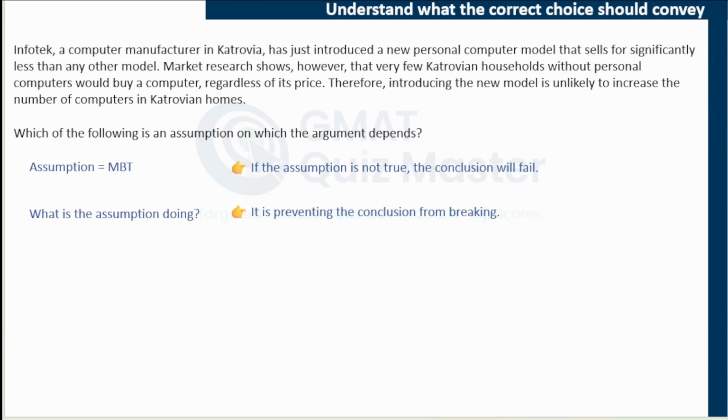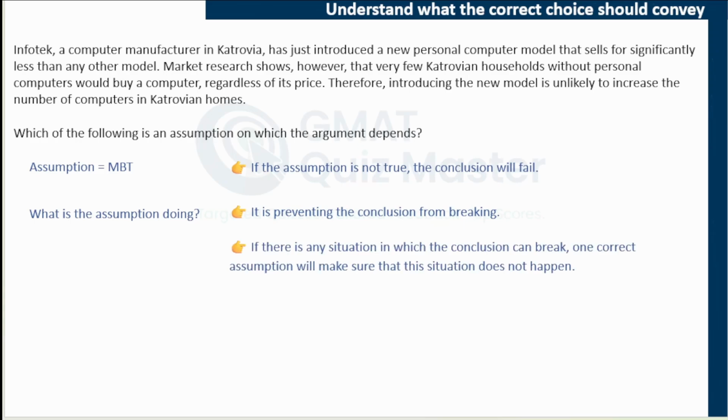It is preventing the conclusion from breaking, which means that if there is any situation in which the conclusion can break, one correct assumption will make sure that this situation does not happen. That is how it will prevent the conclusion from breaking, by making sure that a situation in which the conclusion can break does not happen.